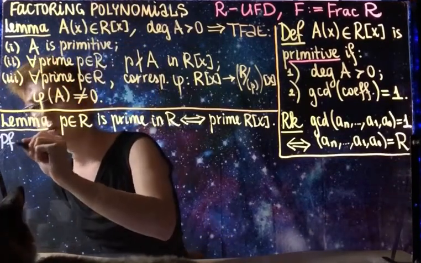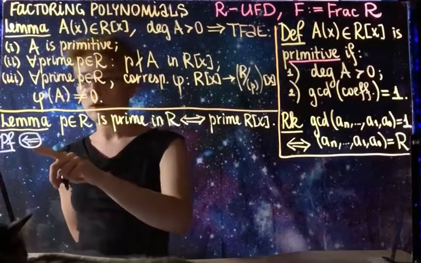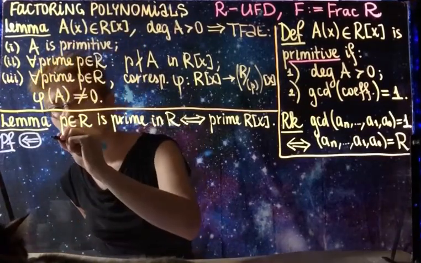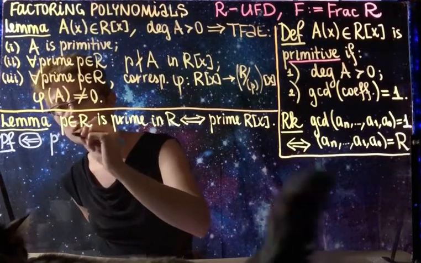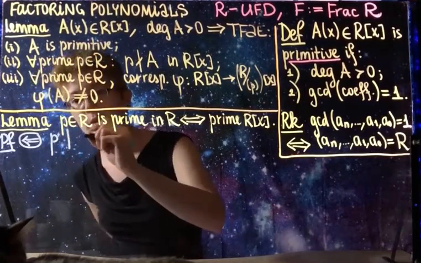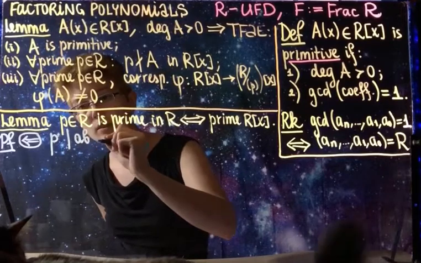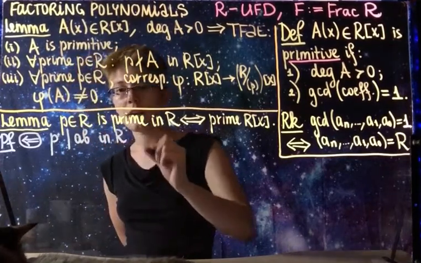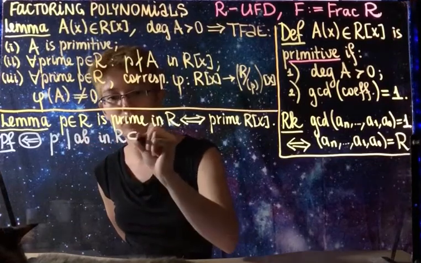So let me prove this. The backwards direction is easy because if P divides a product of elements A and B in R, then we can consider A and B as constant polynomials.